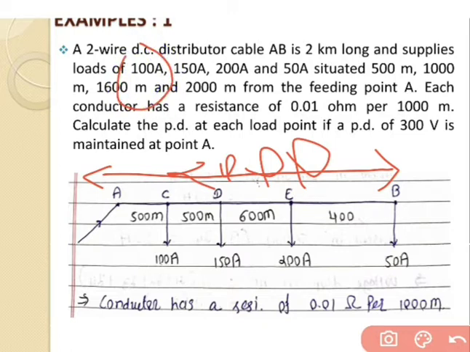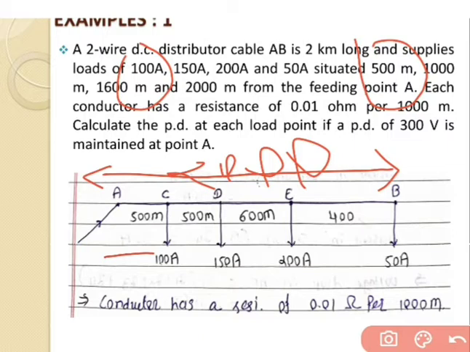100 ampere is situated 500 meter from the feeding point A. Firstly we assume a point C. So the distance for the AC section is 500 meter, with a load of 100 ampere.